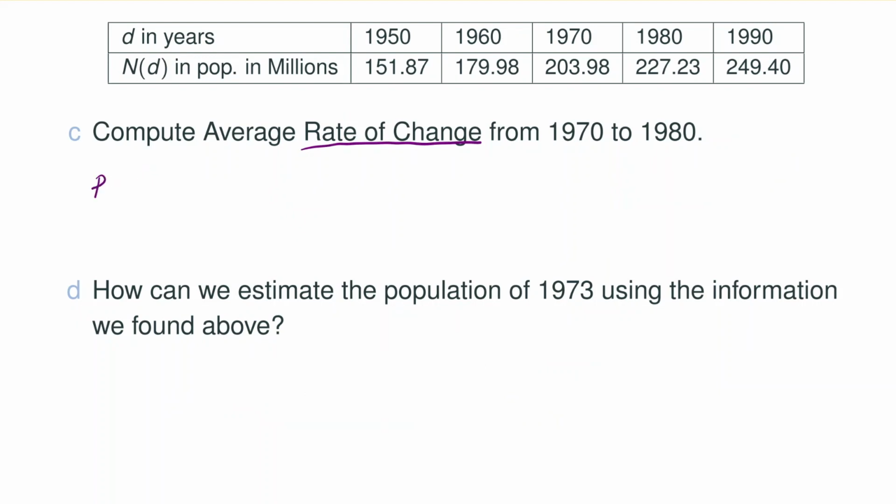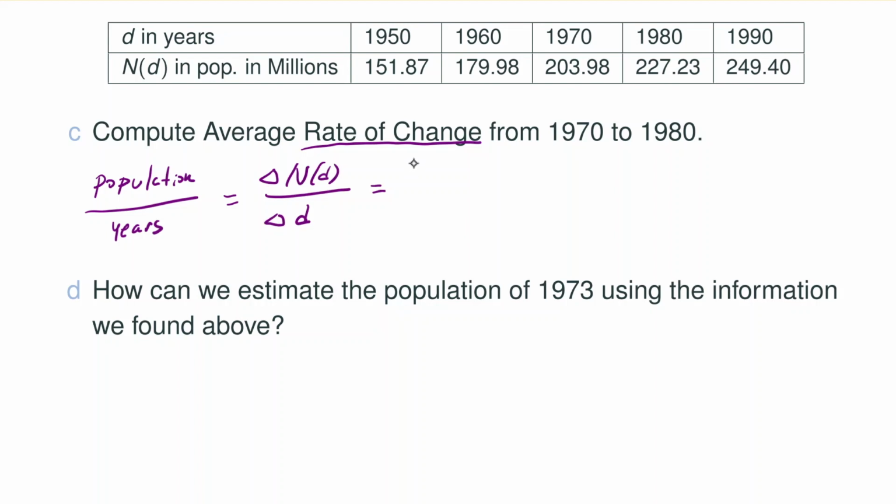In this case, population over date in years. So we write the change in population over the change in date. This delta triangle means change.